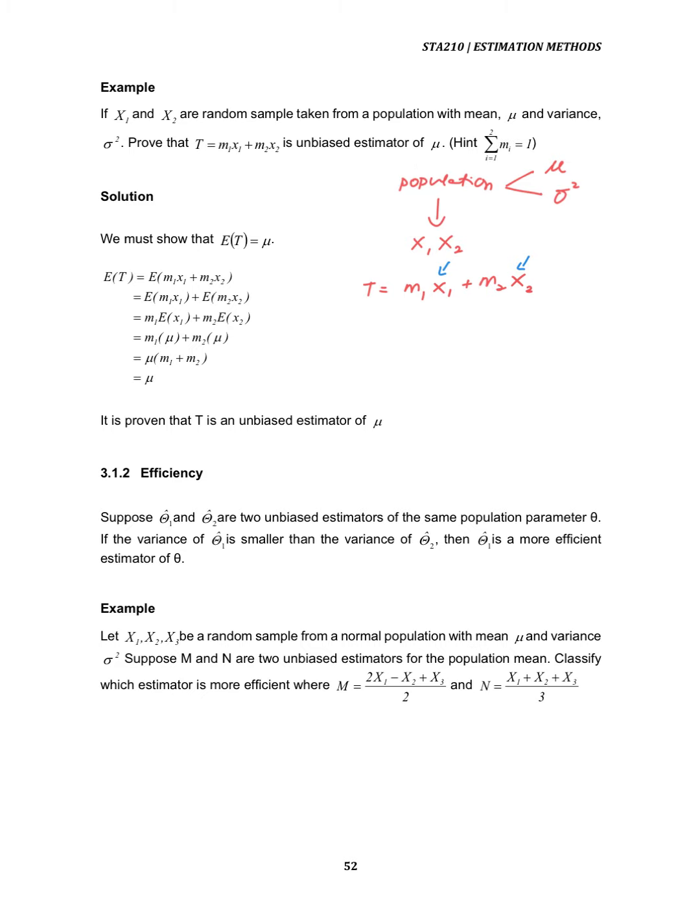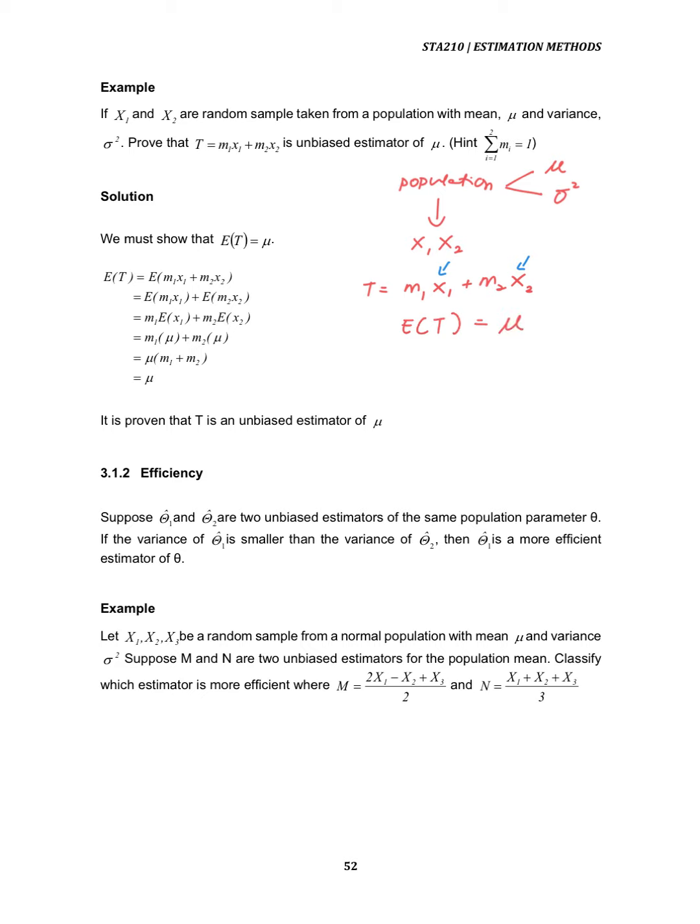So tadi ingat saya kata kita nak proofkan unbiased estimator, kita kena proofkan expected value of t kat sini, sebab t yang ni kita nak proofkan ni sama dengan mu.